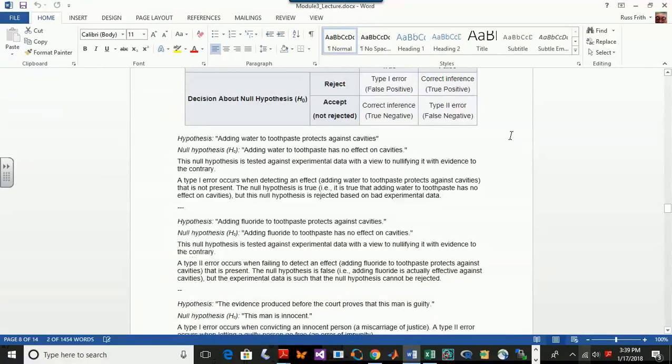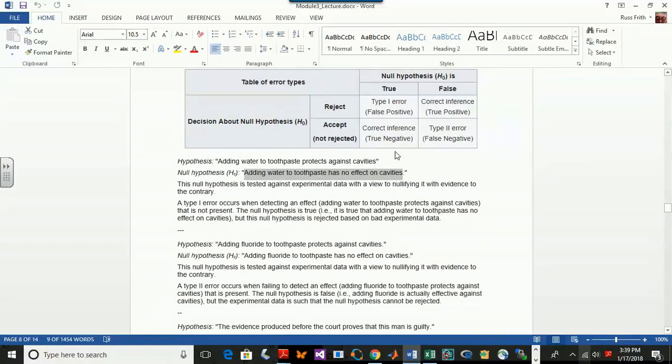So let me show you some examples. Suppose the hypothesis is that adding water to toothpaste protects against cavities. So the null hypothesis is adding water to toothpaste has no effect on cavities. Let's see, what is the type 1 error for this?